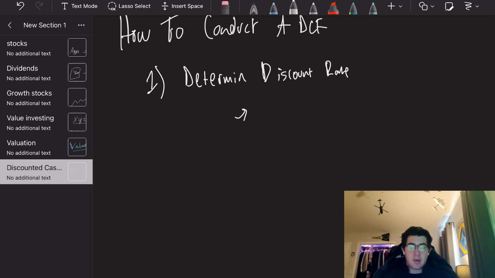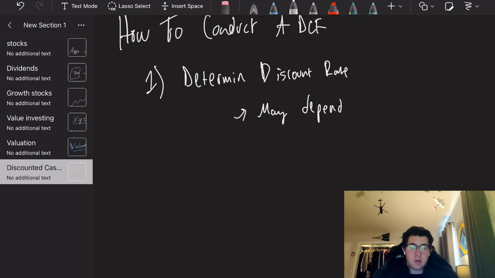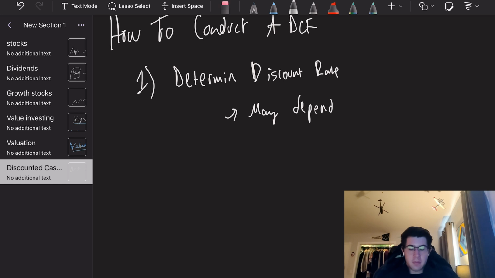And the discount rate could vary depending on the asset or project under consideration.